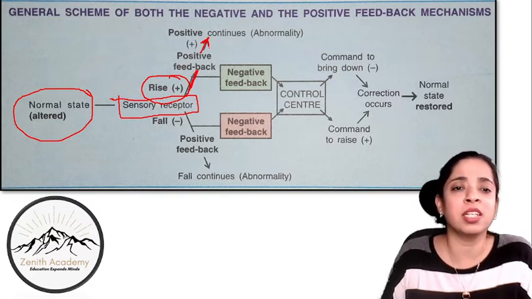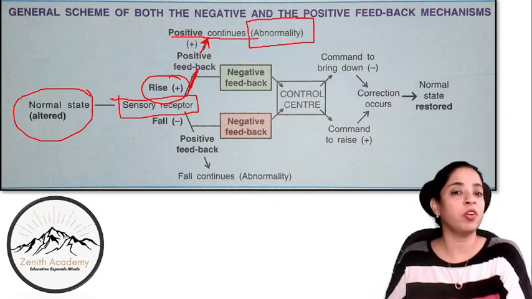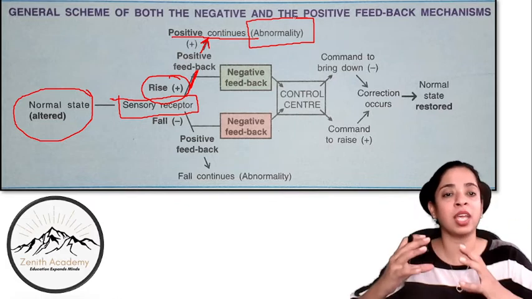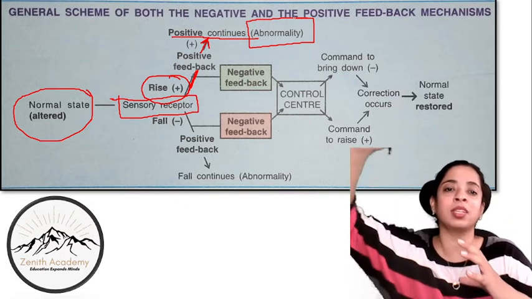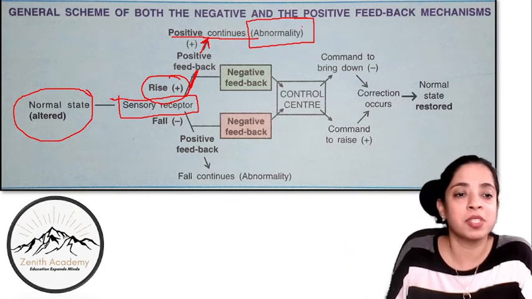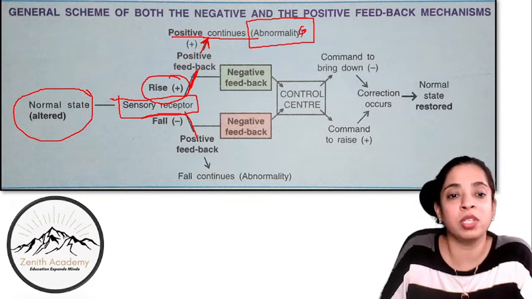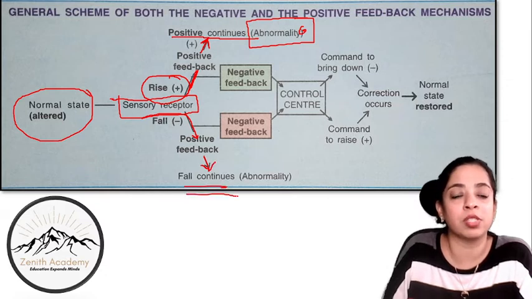It increases it further. The positive continues. So there is an abnormality, right? The normal state is not restored. If something has increased, positive feedback keeps increasing it further and it converts into an abnormality. And if something has fallen, meaning some substance has decreased, positive feedback decreases it further. The fall continues, and this is also an abnormality.